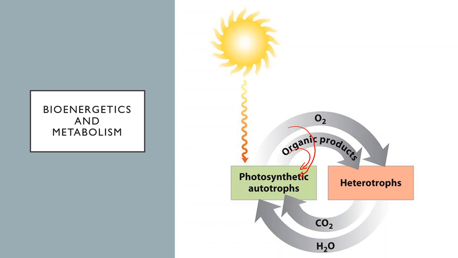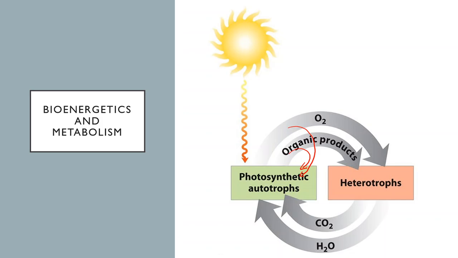Energy, meanwhile, is not recycled that way. Energy is conserved, so it can neither be created nor destroyed. And once it's used by an organism, it is usually released as heat or entropy, and it can't be used anymore by another organism.